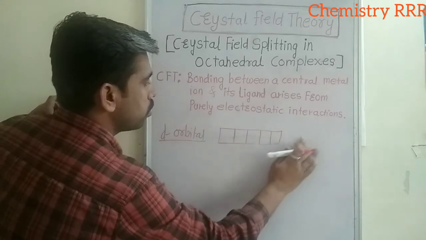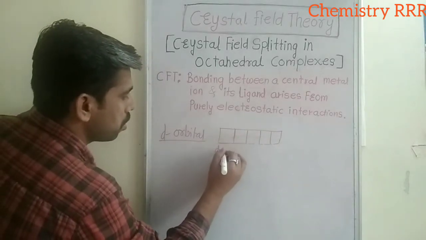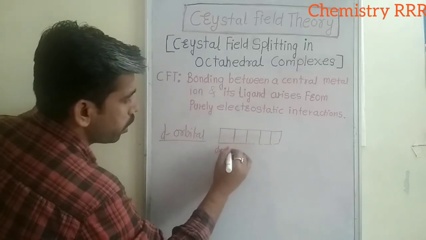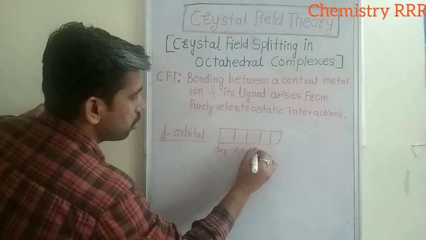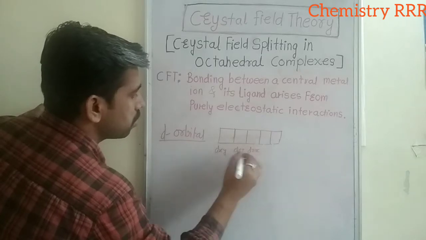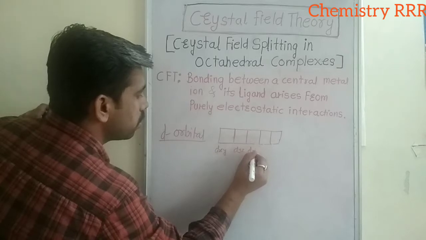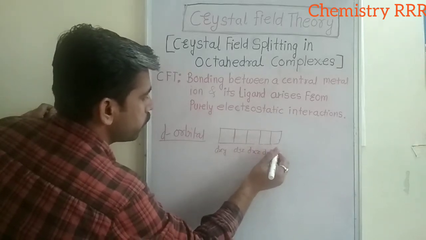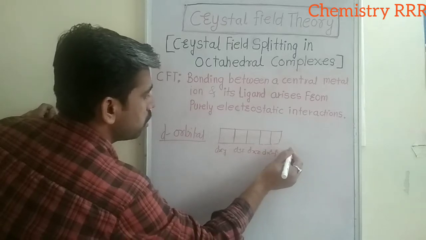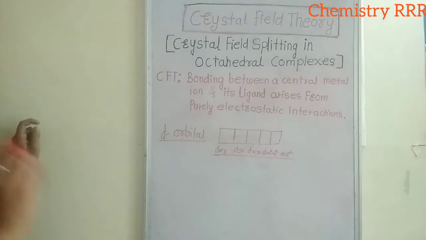So which one is dxy, dyz, dzx, or we can write like this dxz, then dx minus y square, and last one dz square. These are the 5 d orbital.